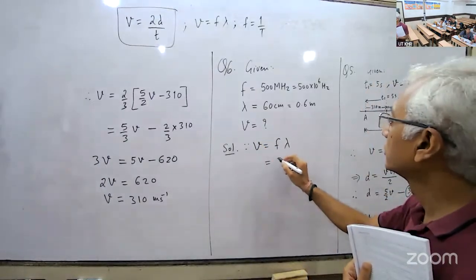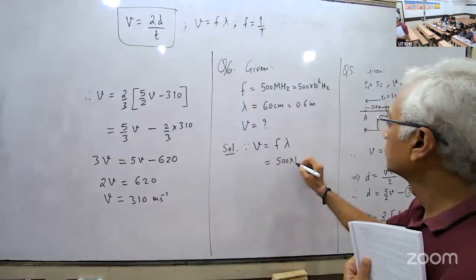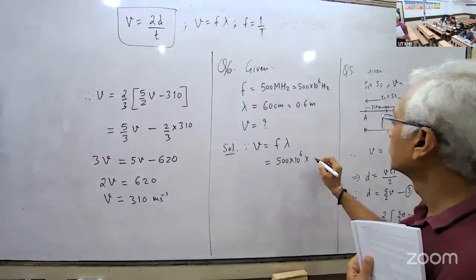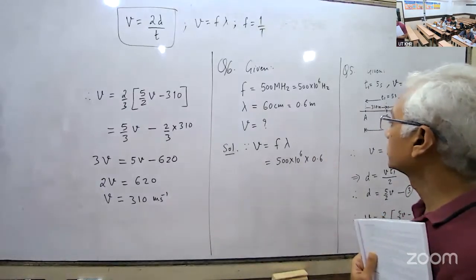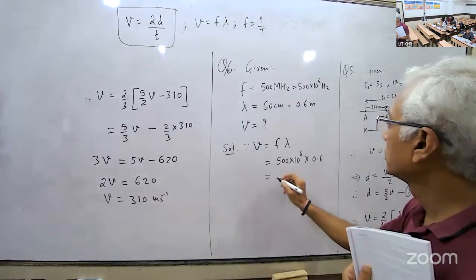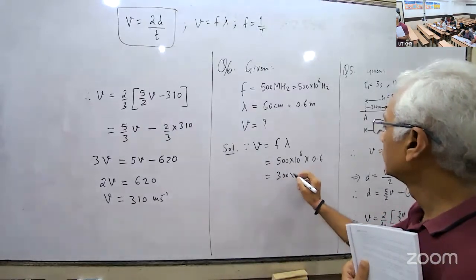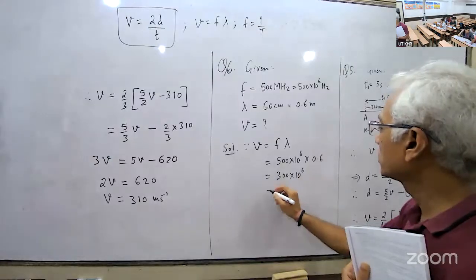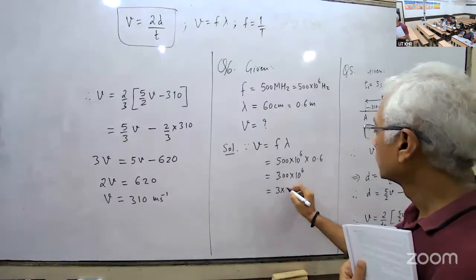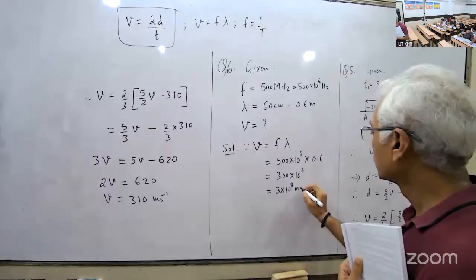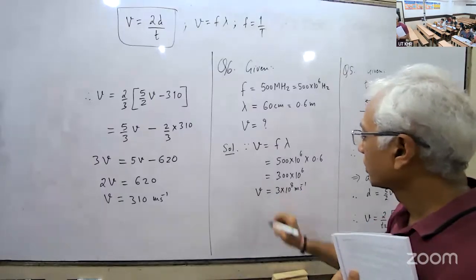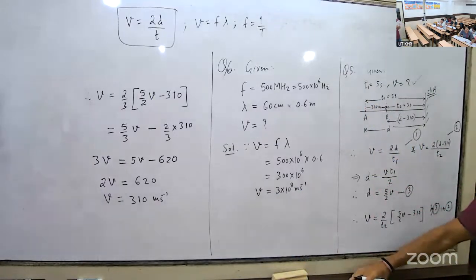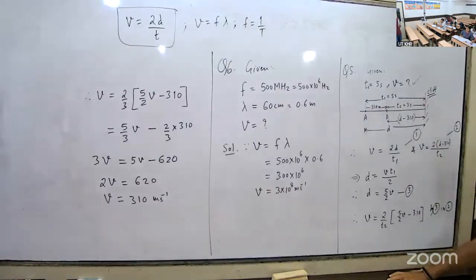Substitute. 0.6. So it is 300 into 10 raised to 6, as expected. You are getting the speed as 3 into 10 raised to 8.